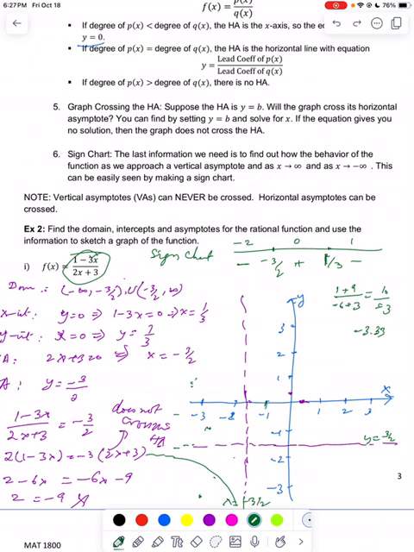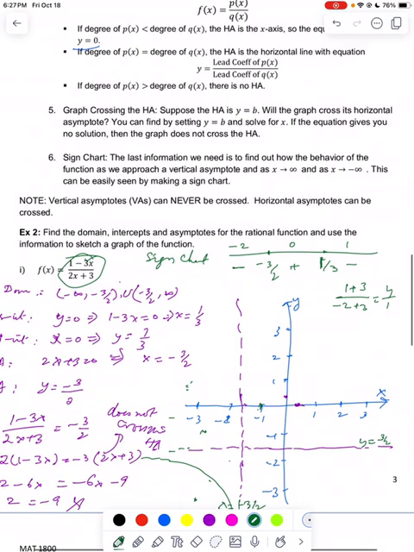Plugging in -1 will give you 1 minus -3, so 1 plus 3, divided by -2 plus 3, which is 4 over 1, which is 4. So at -1 the value is 4 here, which means we are going to come like this.